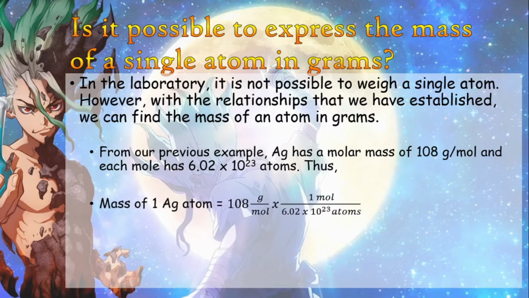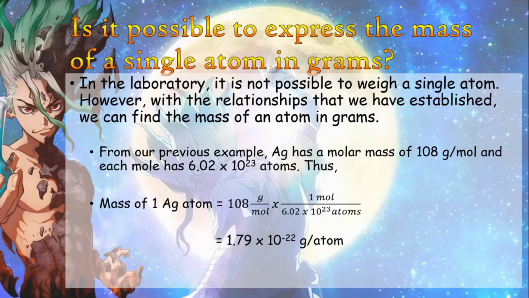Thus, the mass of 1 atom is equal to 108 grams per mole times 1 mole divided by 6.02 times 10 to the 23rd atoms. So, cancel the mole symbol, then divide 108 by 6.02 times 10 to the 23rd atoms.